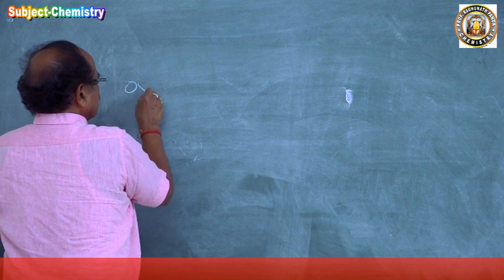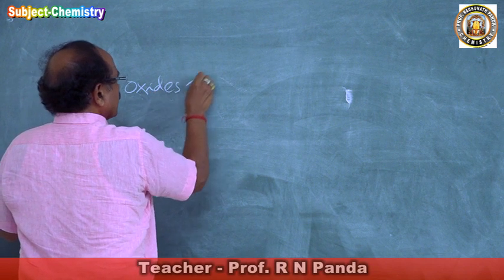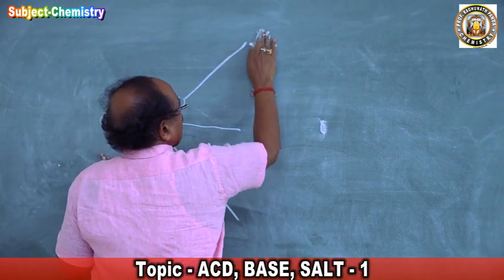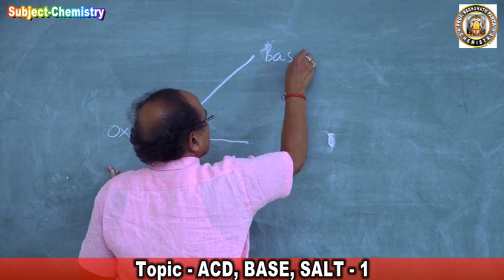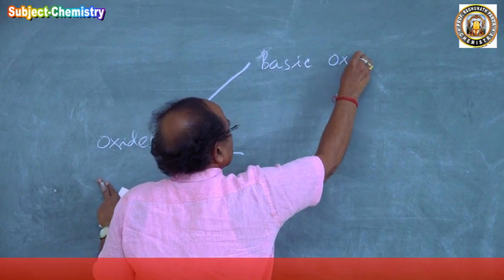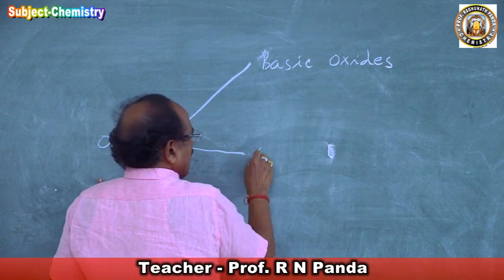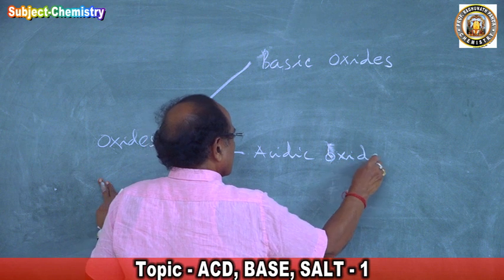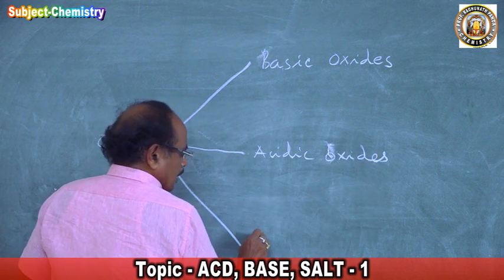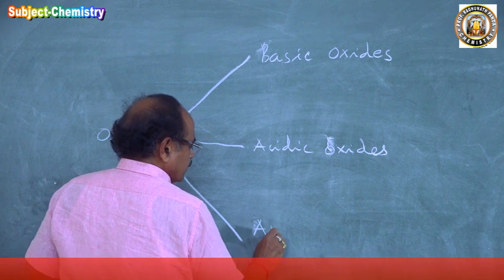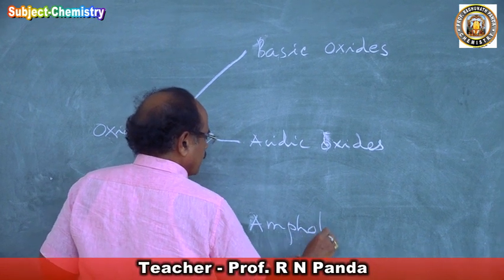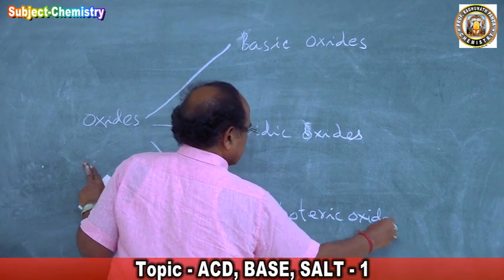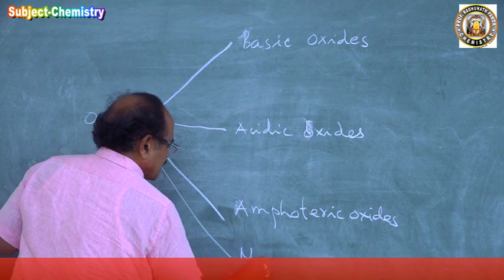Now these oxides are of different types. They can be basic oxides, acidic oxides, amphoteric oxides, and neutral oxides.